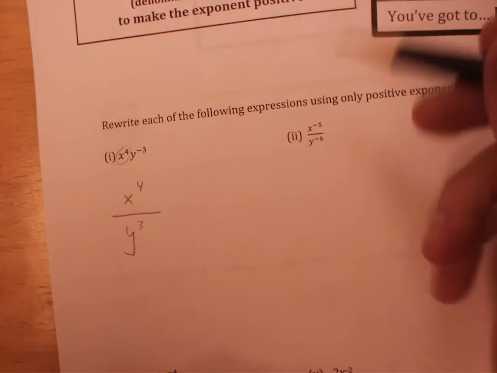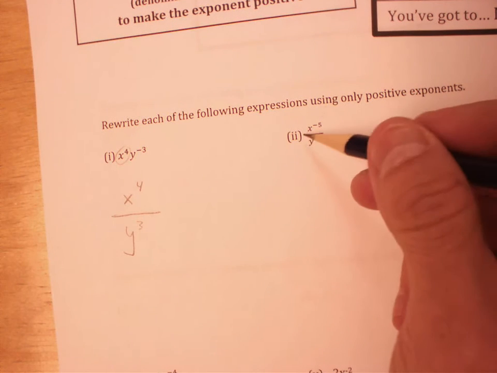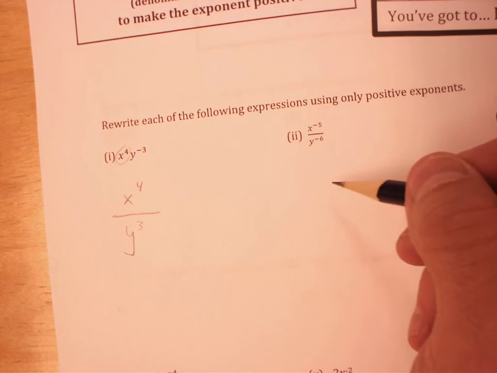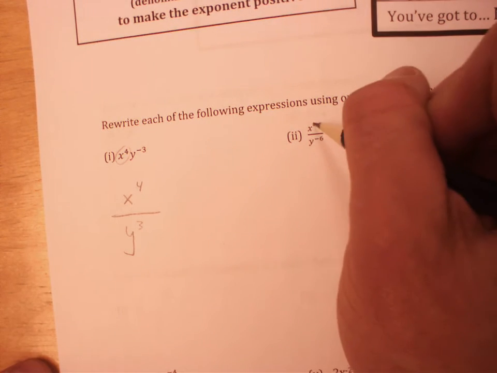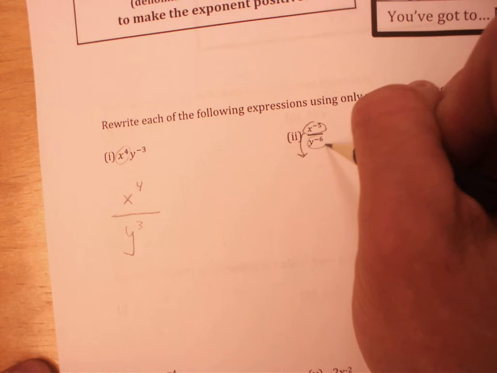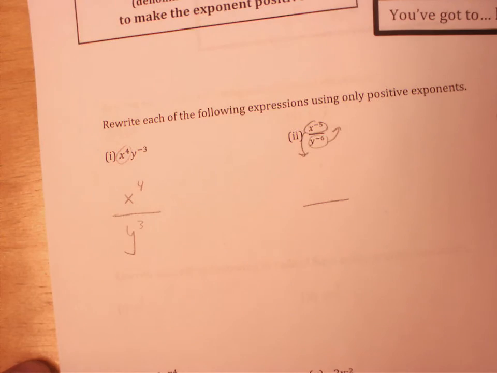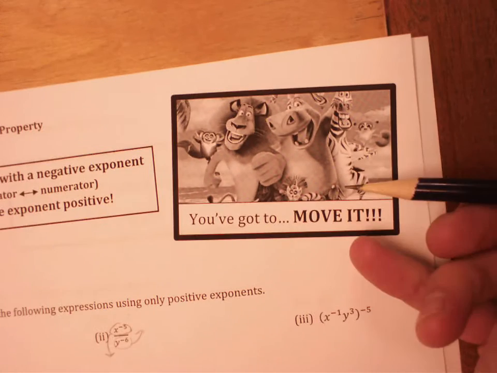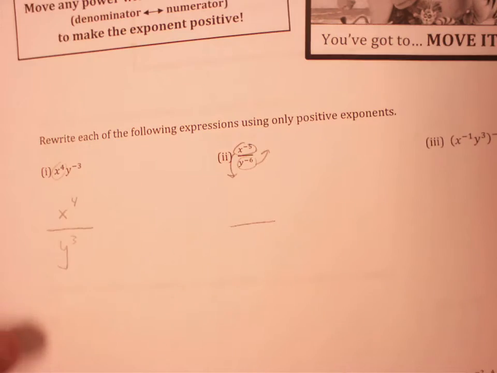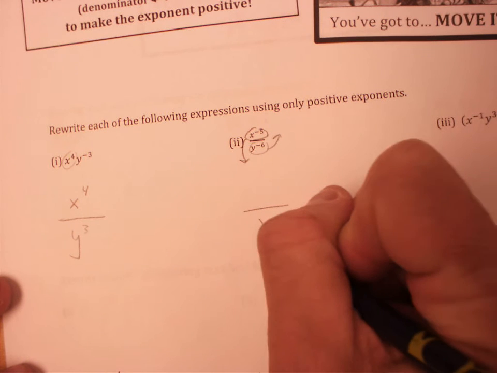All right. That's kind of awkward because you're really seeing this negative 5 and you want to put it on the bottom. And so really what we're going to do is anything with a negative power, you can move it. That's why they had that goofy Madagascar cartoon going on the top.